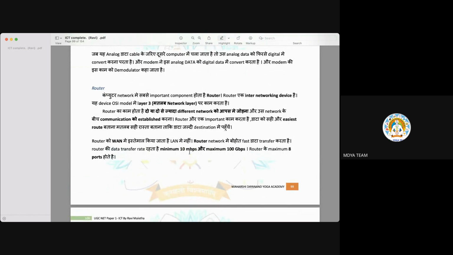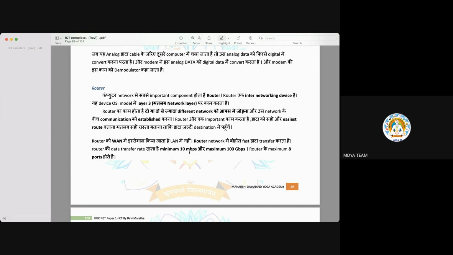Okay, then the other one is router. Now, what is router? It is again a networking device, and it is an important component. Router is an inter-networking device, and it works in the third layer of OSI model, which is the network layer. What it does is it connects the different networks to establish a bigger communication network.